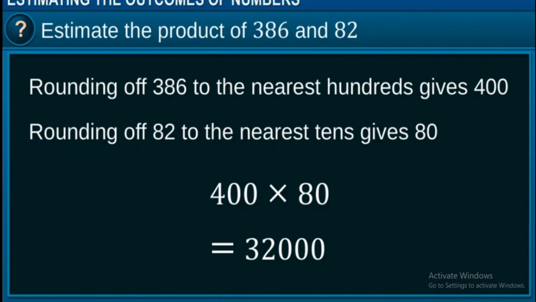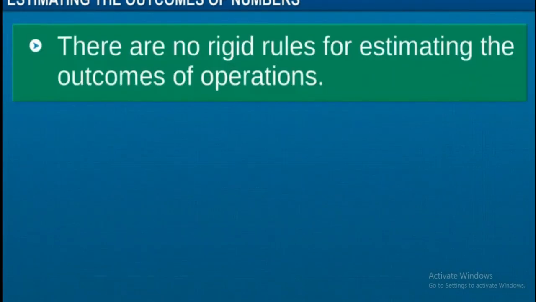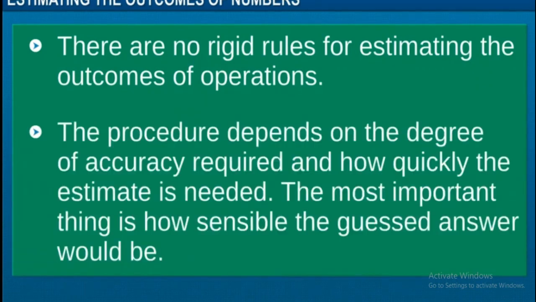This is both a good and quick estimate. There are no rigid rules for estimating the outcomes of operations. The procedure depends on the degree of accuracy required and how quickly the estimate is needed. The most important thing is how sensible the guessed answer would be.